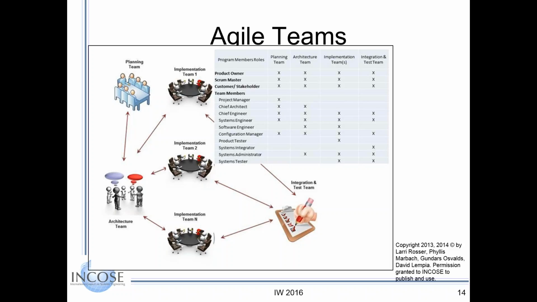And implementation teams and integration and testing come in down under the team members, intended to just show examples that might be on teams in development. So for the most part, you might have your chief architect, for instance, on your architecture team, but for implementation teams, system engineers are also in your implementation teams.